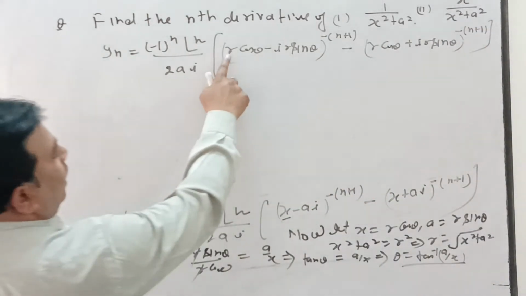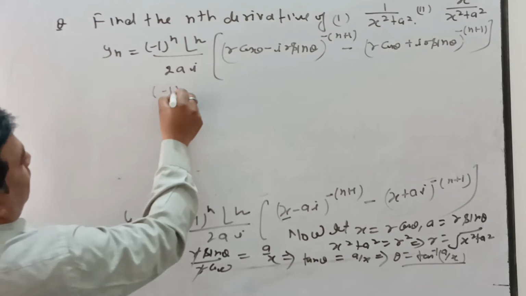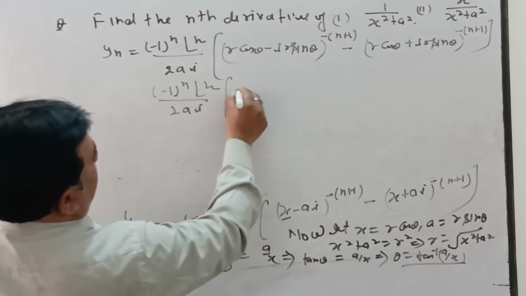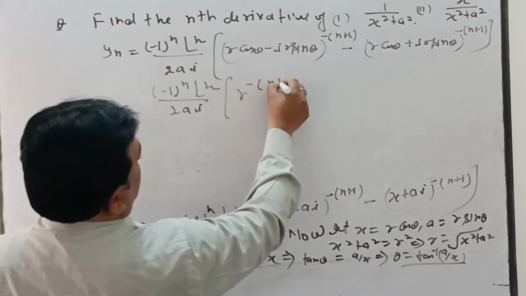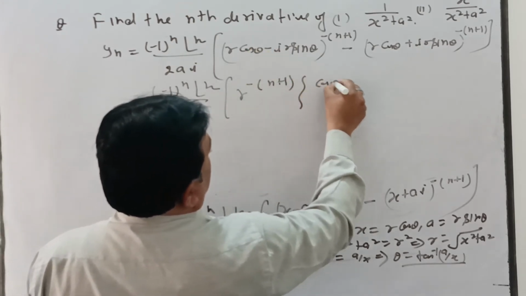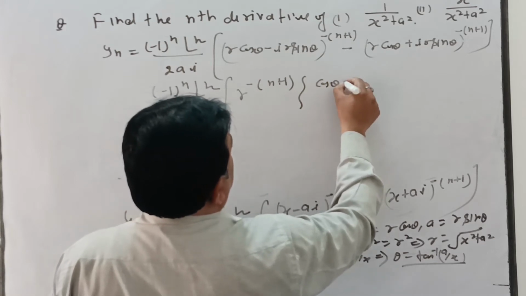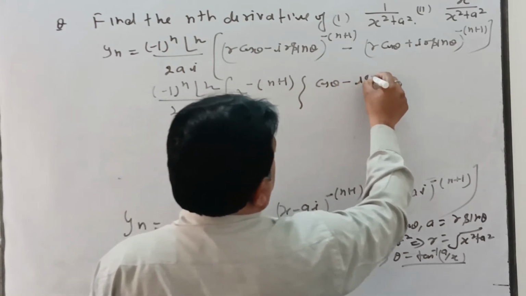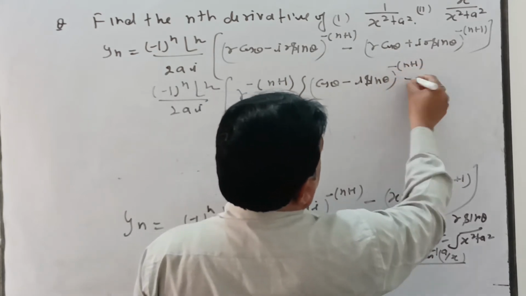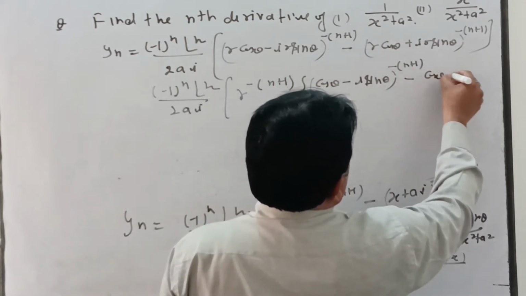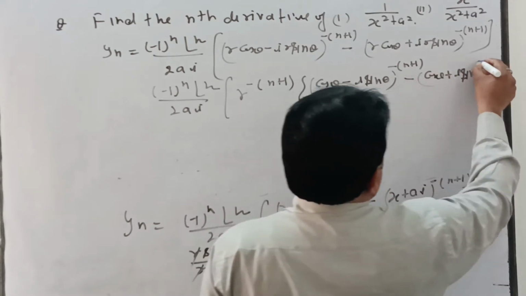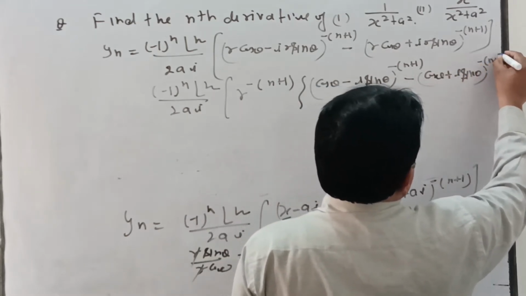Then taking r common, minus 1 to the power n factorial n over 2ai, r to the power minus n plus 1, times cos theta minus i sin theta whole power minus n plus 1, minus cos theta plus i sin theta whole power minus n plus 1.